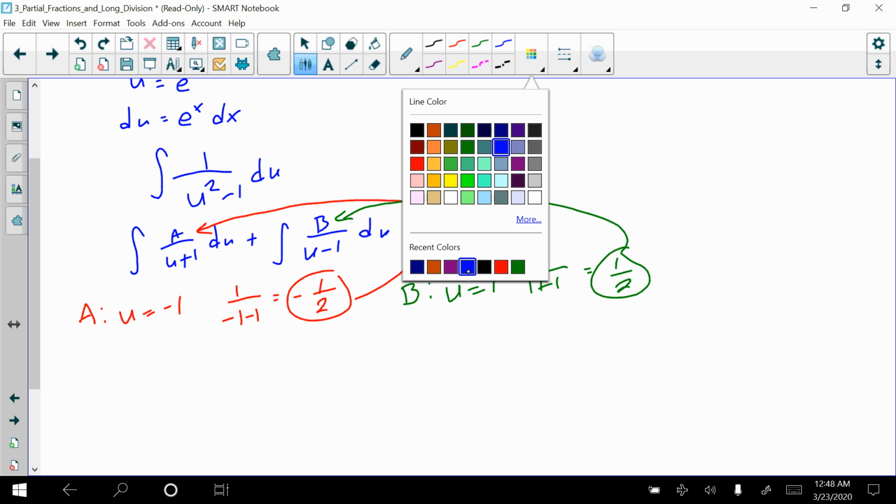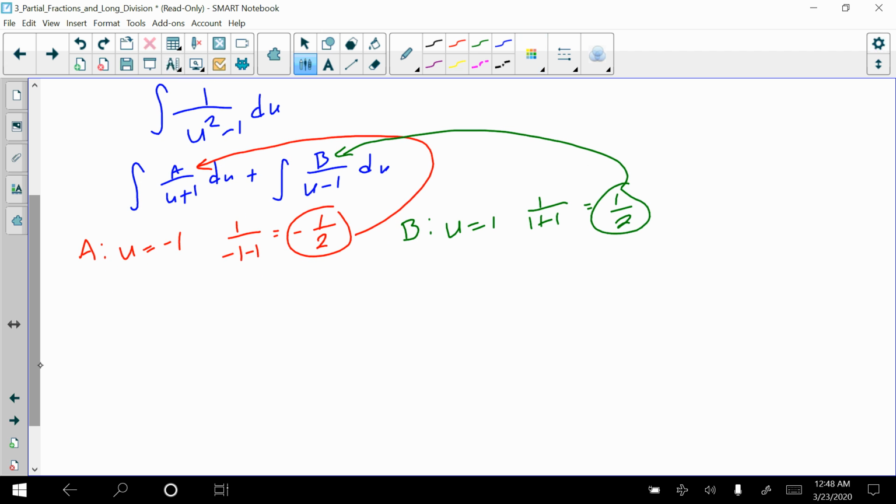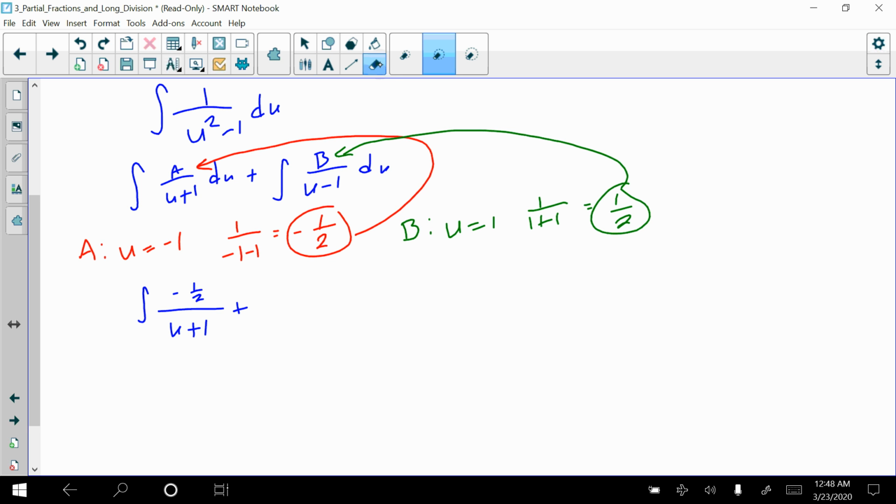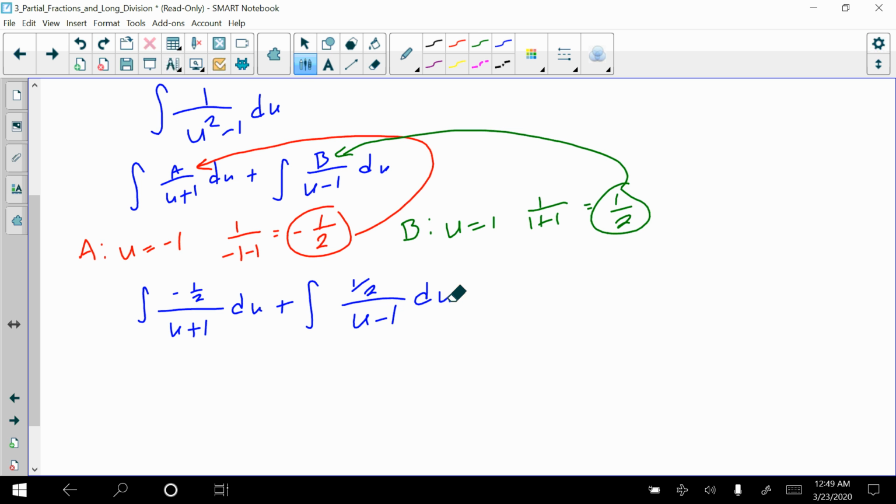Now going back to my original blue color here, we're going to get the integral of -1/2 over u plus 1, oh, and I forgot my du here, du, plus the integral, and B is +1/2 over u minus 1 du.